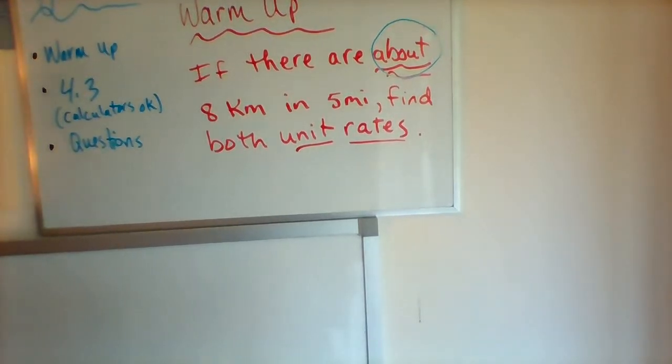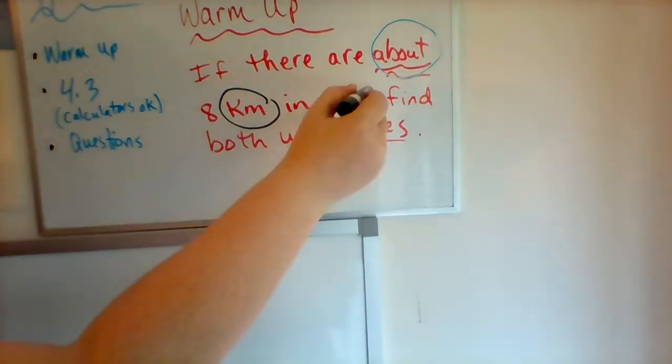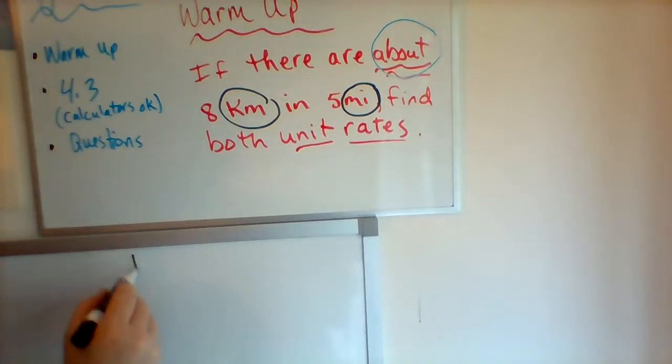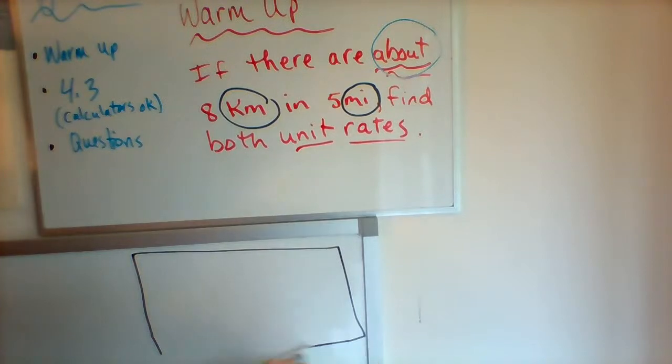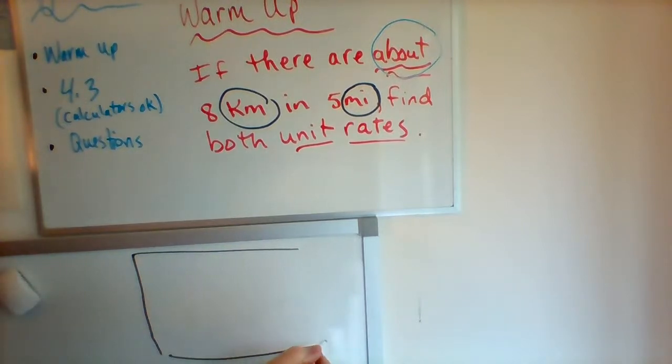Hey, excellent, nice job. Okay, so to help you get started, because you said that you didn't understand it, if we are comparing two quantities, I'm comparing kilometers and miles. I shouldn't have made it that wide because I need to draw stuff.